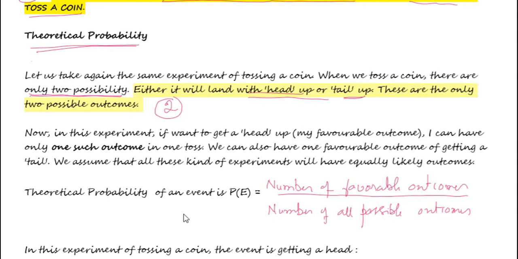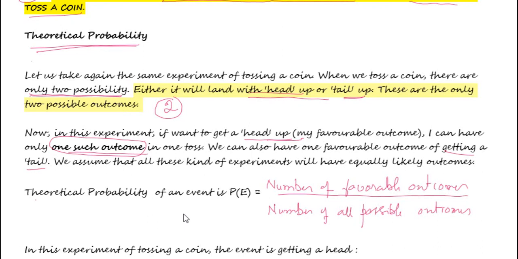Now in this experiment, if I want to get head up, then I can have only one such outcome in one toss, because when I toss, either head can come up or tail. So in one toss, I can have only one such outcome of head coming up, and we will have one more outcome of getting a tail. We are assuming that all these kind of experiments will have equally likely outcomes.